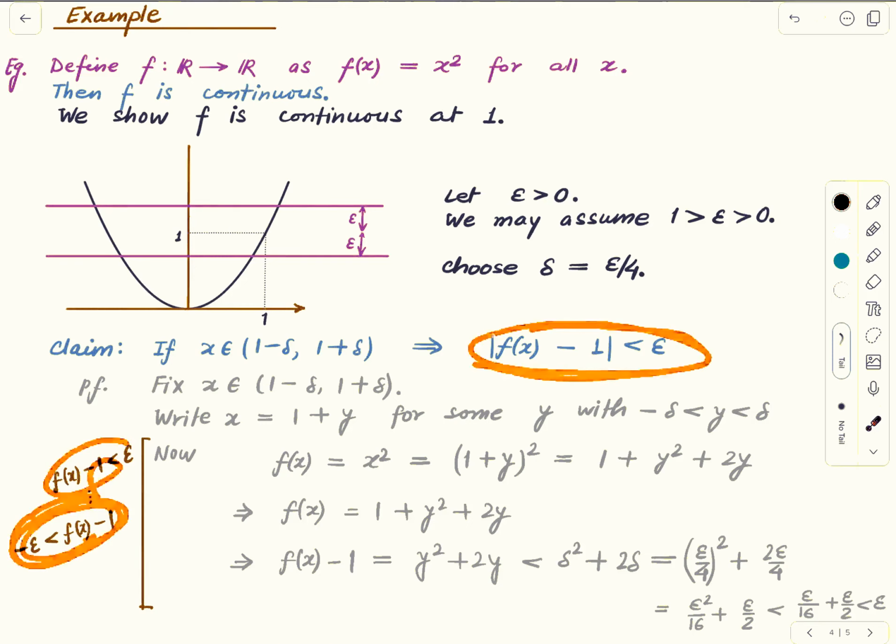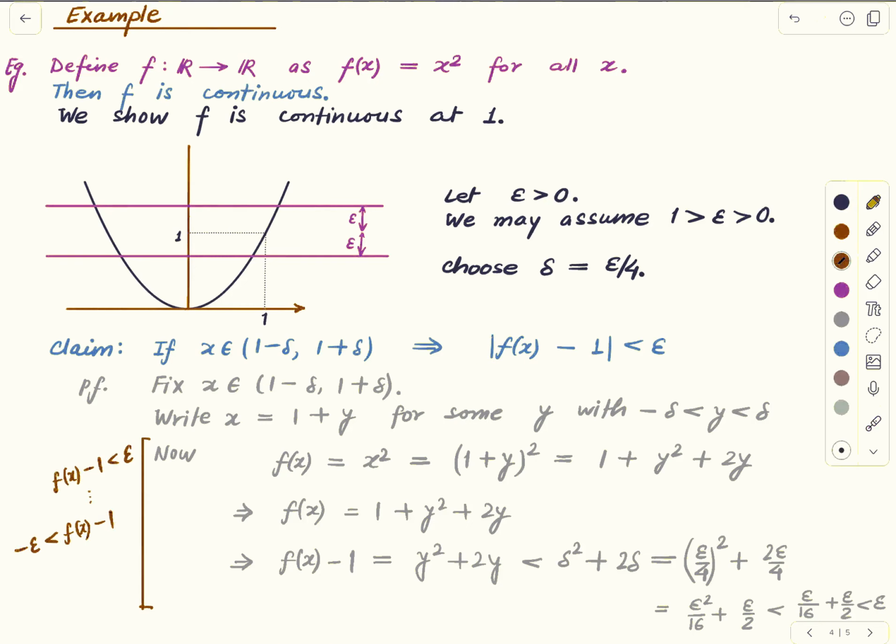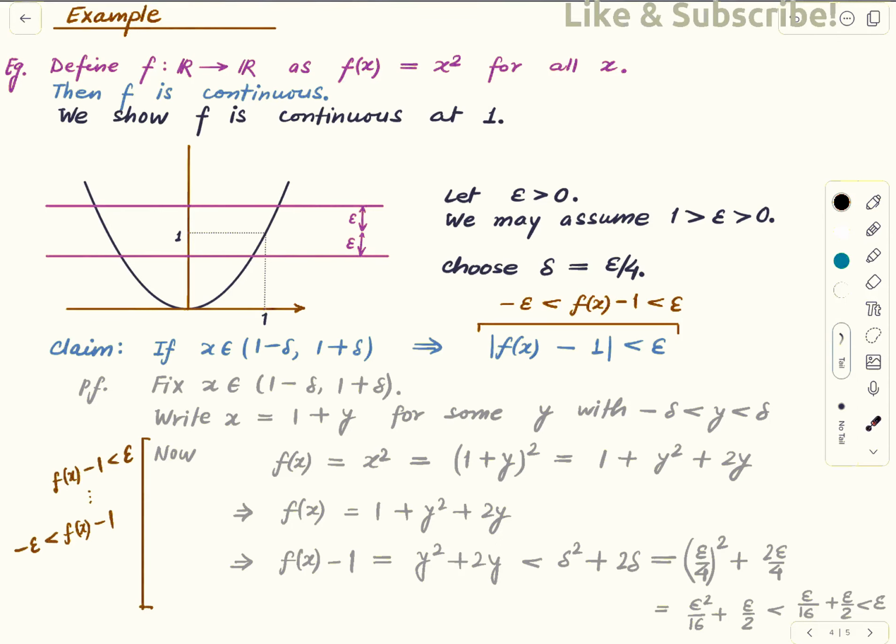Because what is it saying? It is saying precisely that this is the case. Okay, so that proves continuity at 1, and I hope it has given you some insight as to what is going on when we say f is continuous at a certain point.